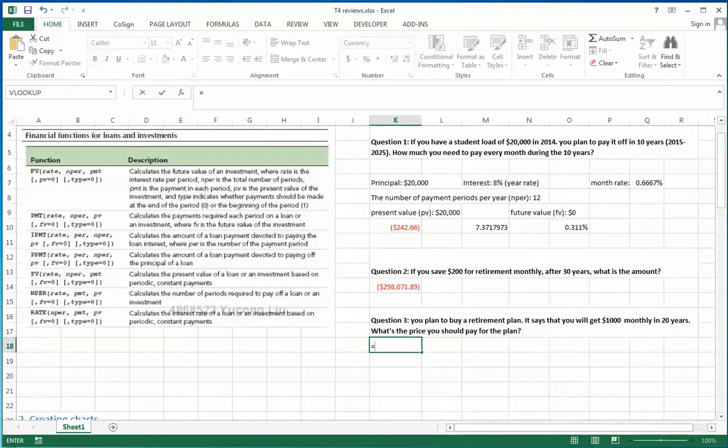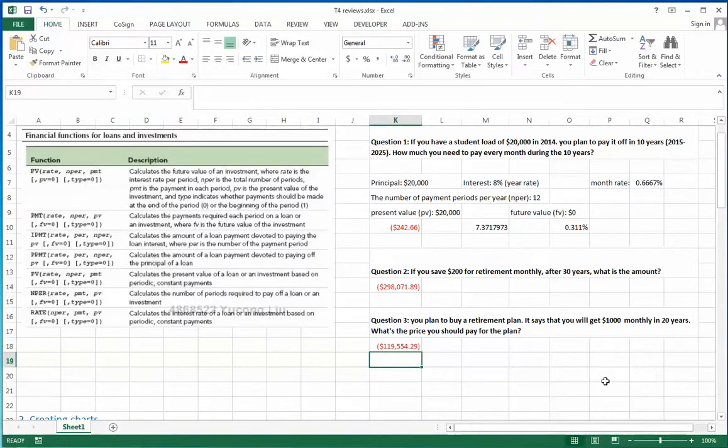Let's use PV, present value. So the rate, again, 8%. That's yearly. The month rate will be 0.99, something like this, 0.99. And here we get 12 times 20. Here the payment, so you get 1,000.